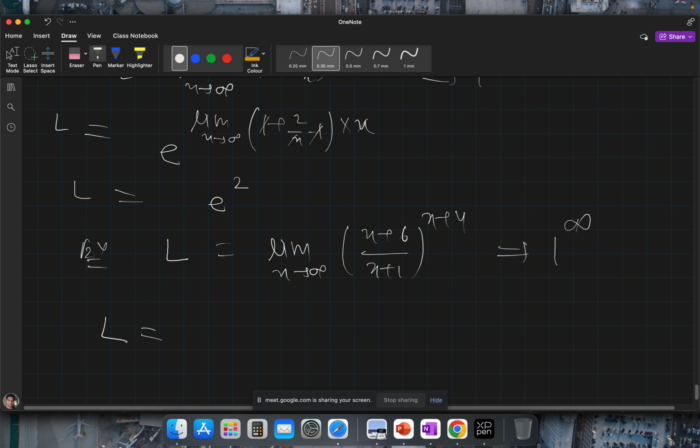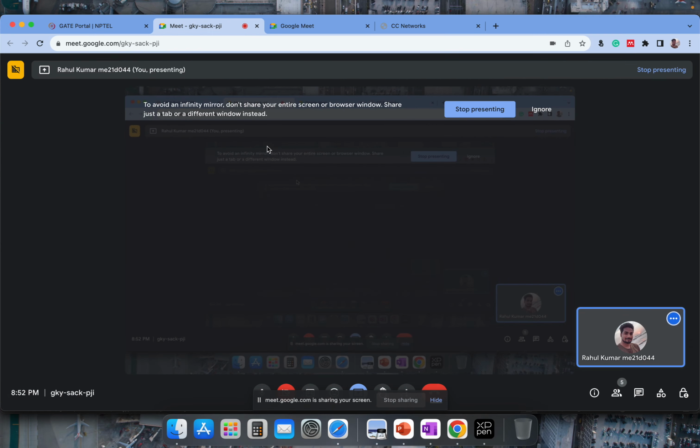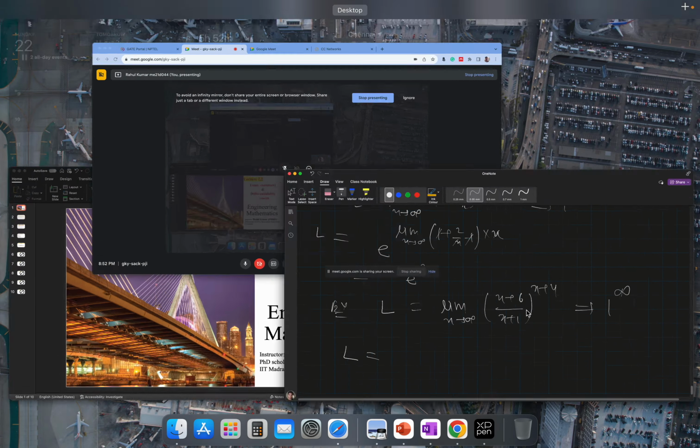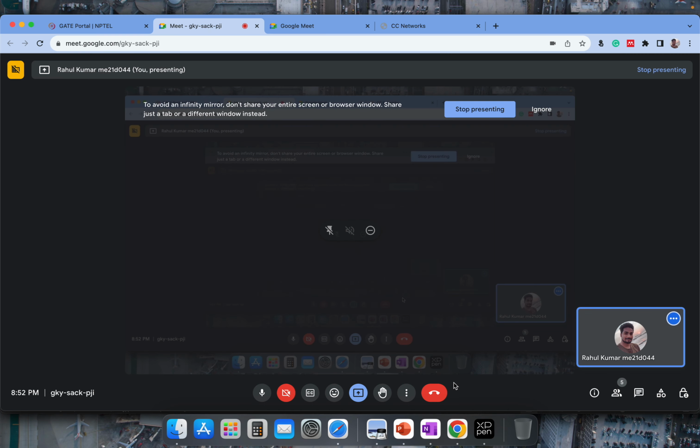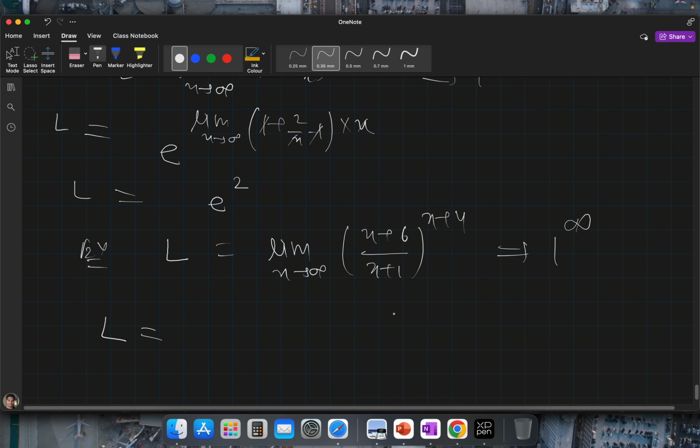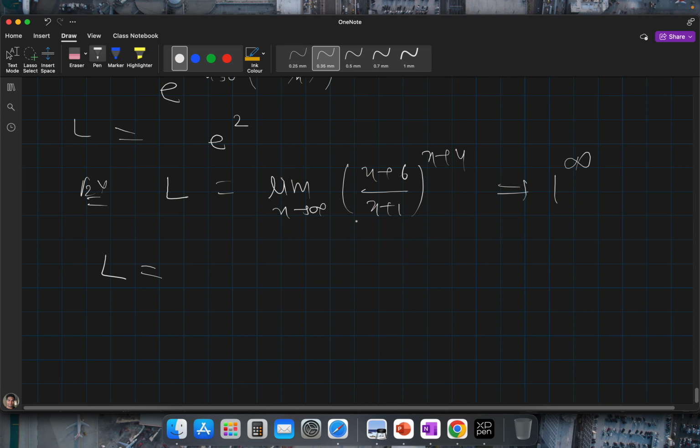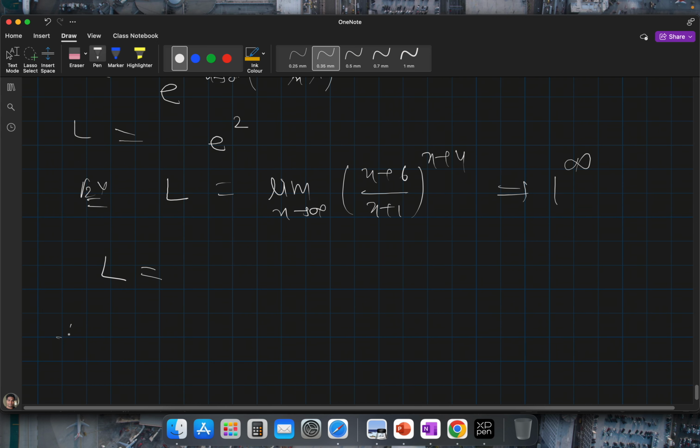Are you guys here? Are you solving or not? Solving, sir. Yeah, tell me the answer. This is one example, and there is one more miscellaneous example I will solve in that sheet.